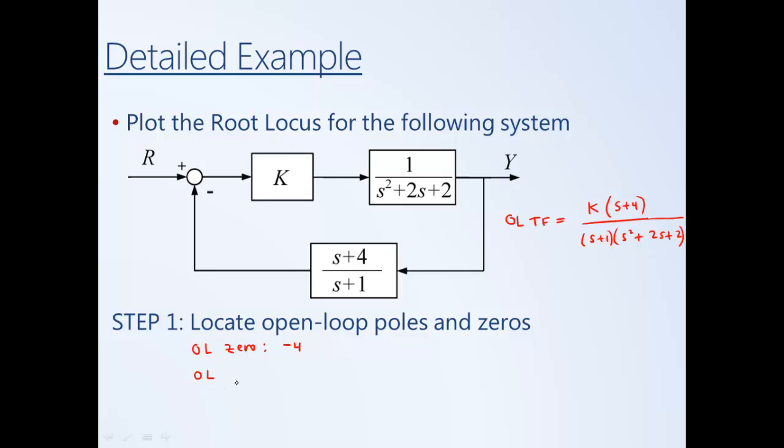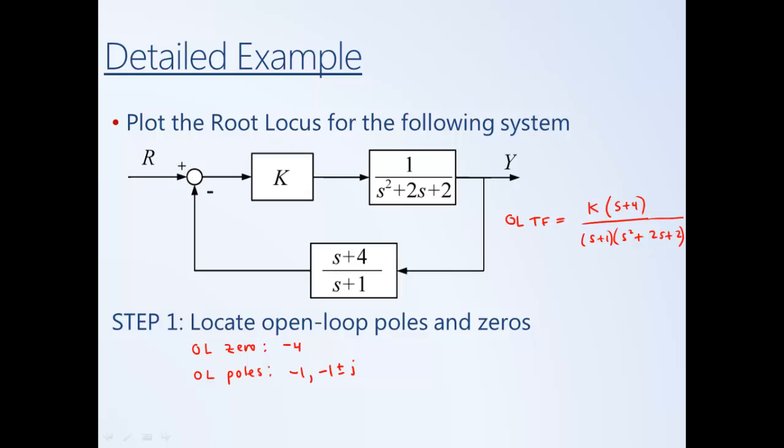And then we can also see that we have 3 open loop poles because we have a third order denominator. One of the poles is easy to see. The pole due to this term is just negative 1. And the poles due to this term are complex conjugates, and they can be found by applying the quadratic formula. It turns out that they're equal to negative 1 plus or minus j. So these are our open loop zeros and our open loop poles.